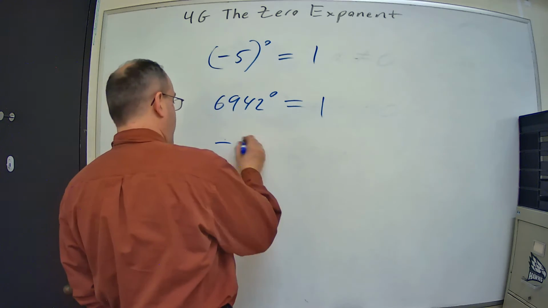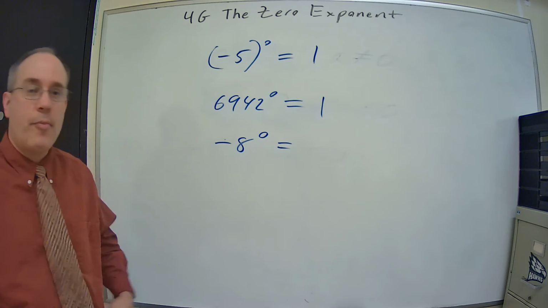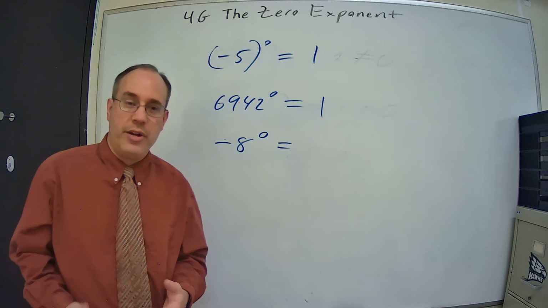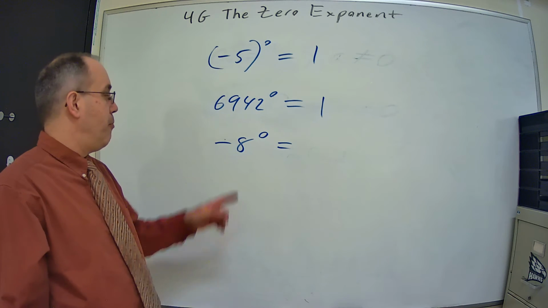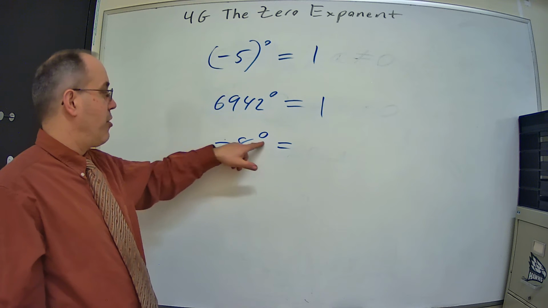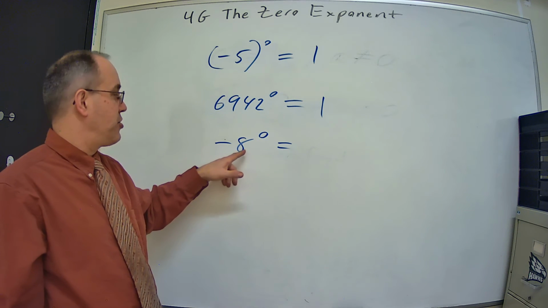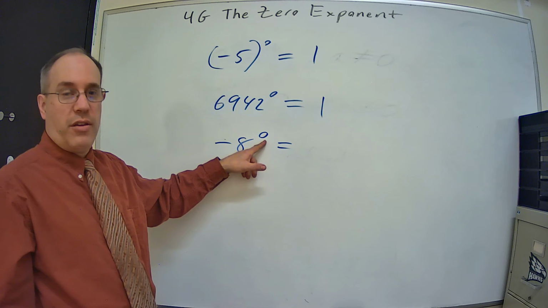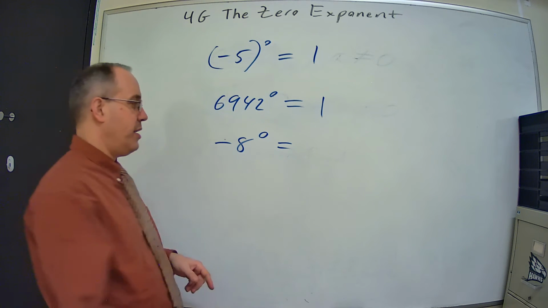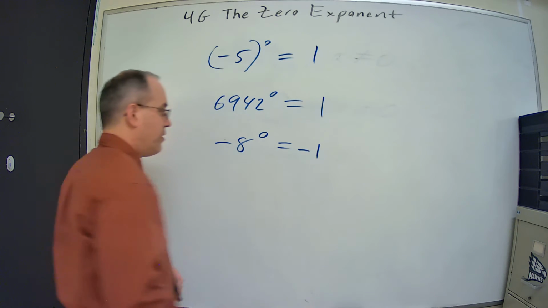What if I have -8 to the 0th power? Now remember, any number raised to the 0th power is 1. But be careful here, because order of operations says that exponent comes first, right? So 8 to the 0 is 1. But then this says to negate the result.